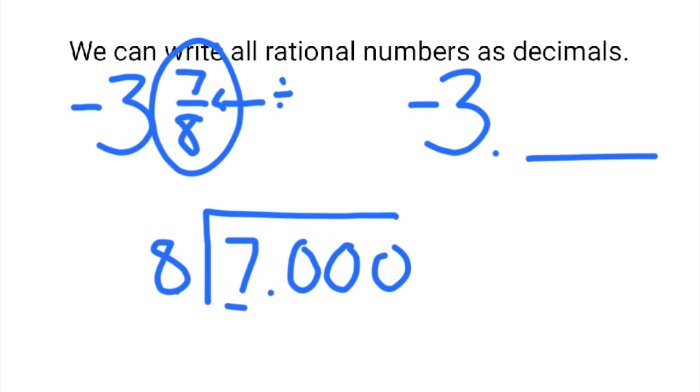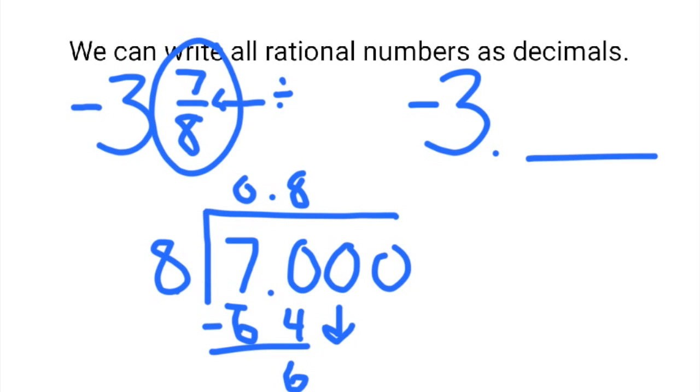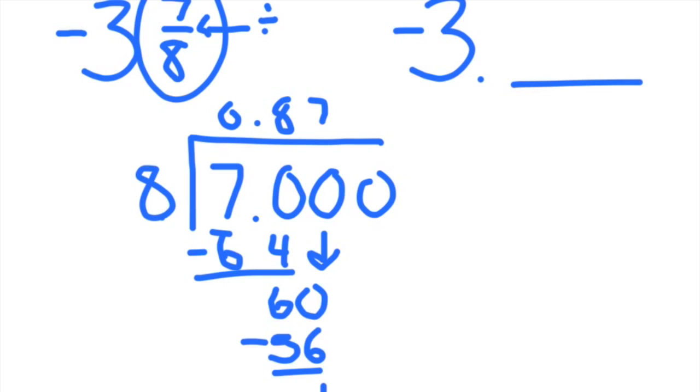So 8 goes into 7 0 times. Decimal comes straight up. 8 goes into 70 8 times. 8 times 8 is 64. Bring down the 0. 8 goes into 60 7 times. And then 8 goes into 40 5 times.